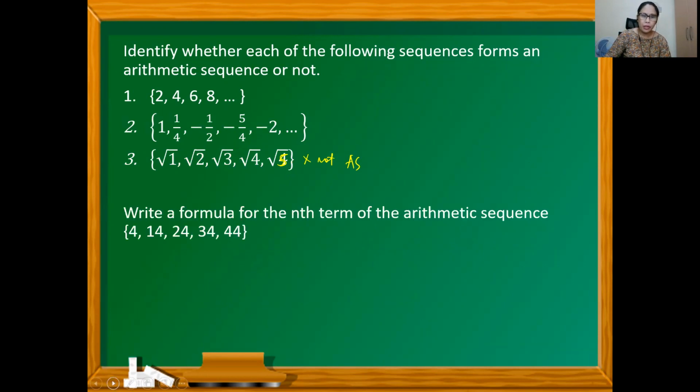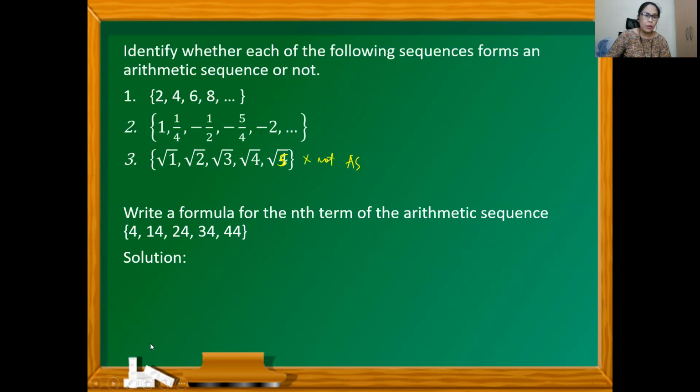So how are we going to write the formula for the nth term of the arithmetic sequence with first term 4, second term 14, up to the fifth term 44? What we're going to do is construct the required formula. So we need the value of a sub 1 as well as the value of d.